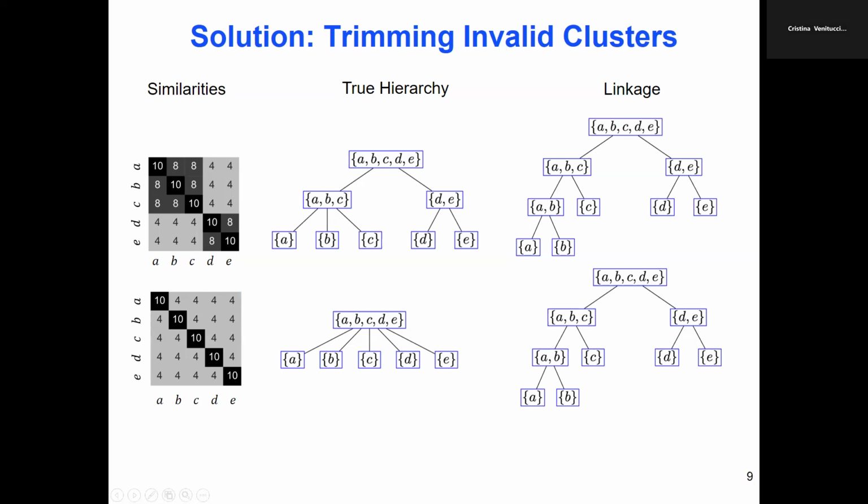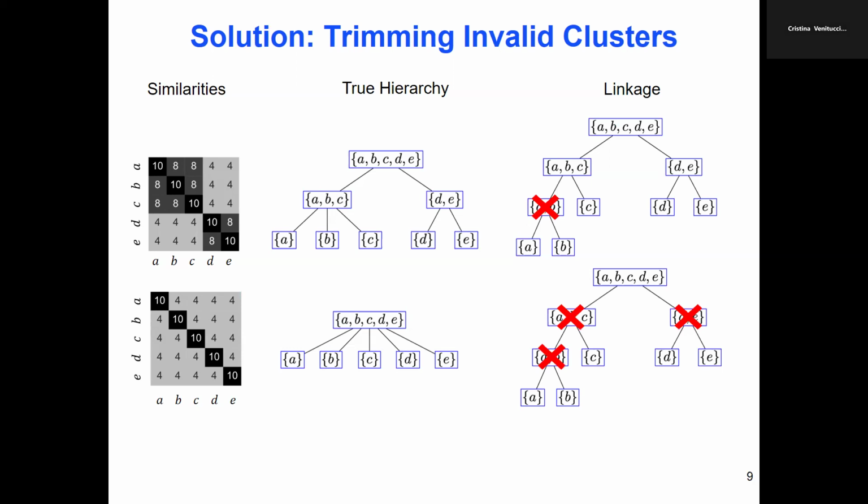So I should remove it. It's not a valid cluster, essentially. If I do that, and I do the same for the bottom one, then I arrive at the true hierarchy.